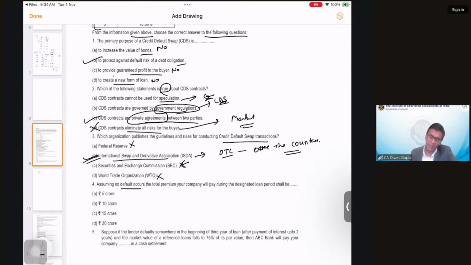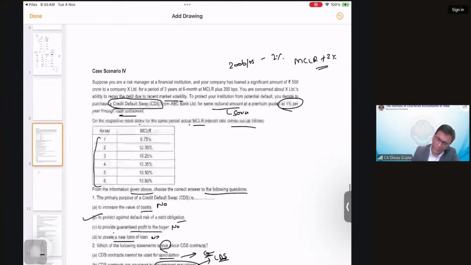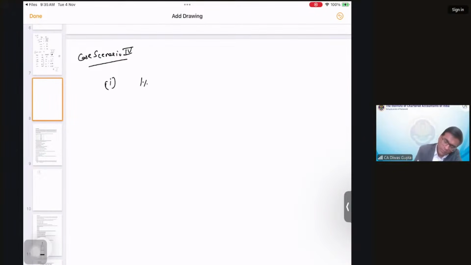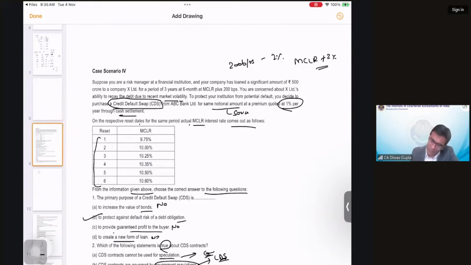Assuming no default occurs, the total premium your company will pay during the designated loan period shall be. Now they are saying that you have purchased the CDS, but after purchasing the CDS, there is no default that is happening. Then what will be the overall interest that will be paid? So we'll have to calculate that. So 1% on 500 crores, for how many months we have purchased the CDS, or 3 years, right?